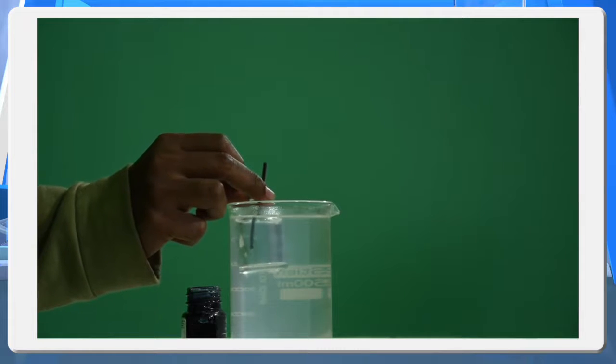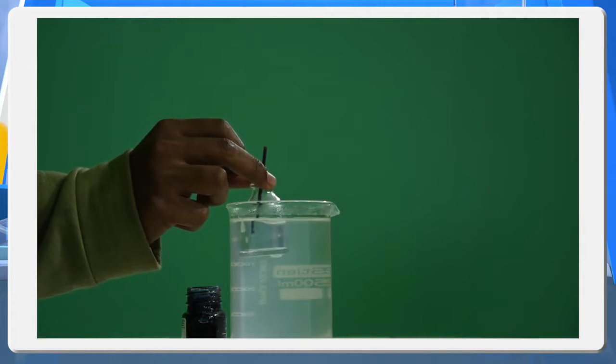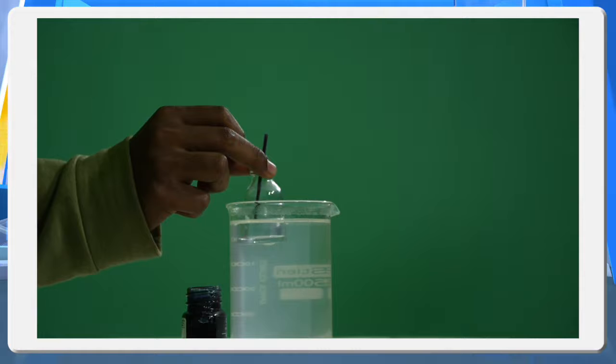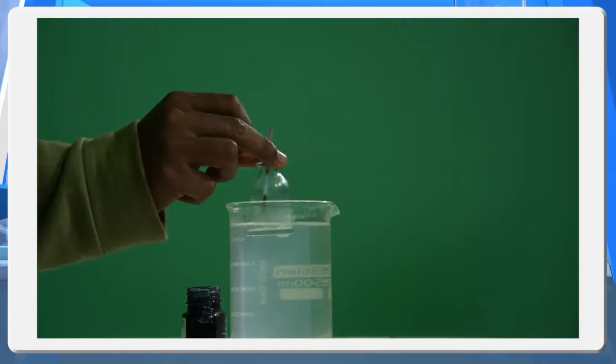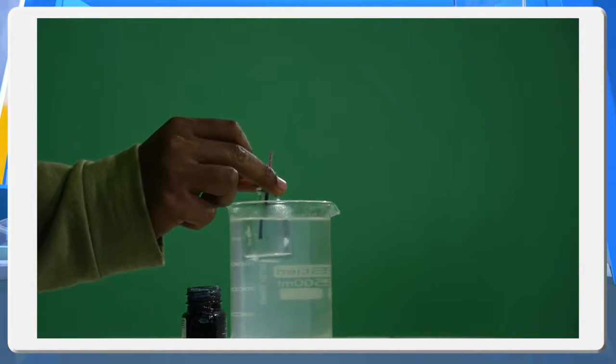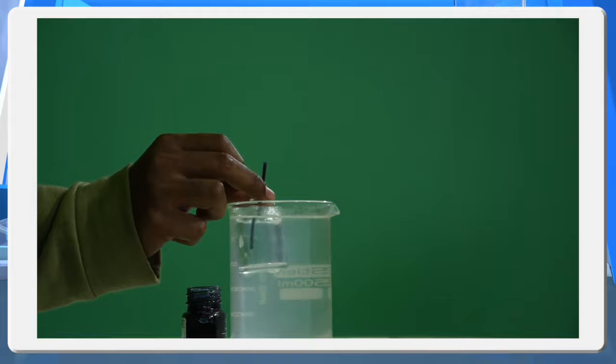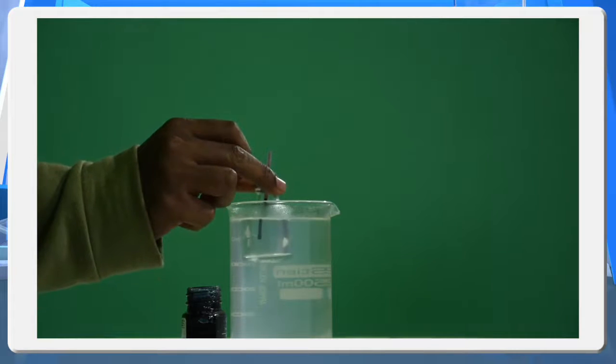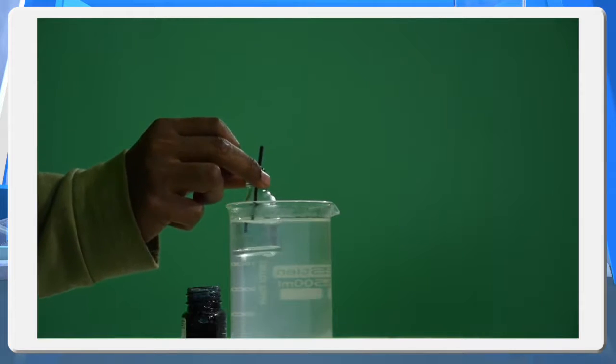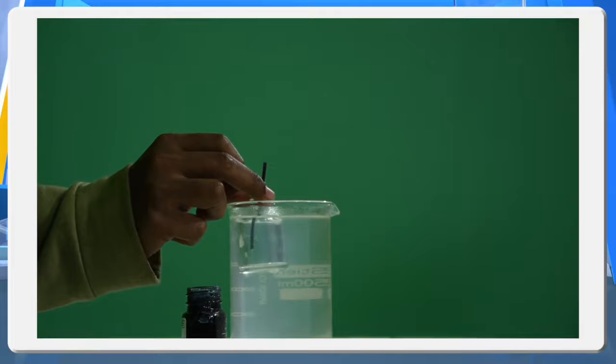Can we explain the reason on the basis of the relationship between temperature and volume? Here, when the bottle is placed in hot water, the air inside the bottle gets heated and its volume increases. Or we can say that the air expands, and this expanded air pushes the ink upwards, and so the ink rises.